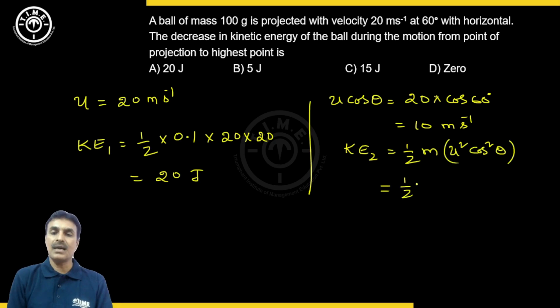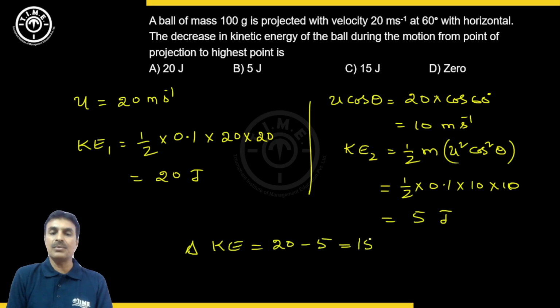So that is half into 0.1 into u cos theta is 10, so 10 into 10. Overall it is 5 joule. Now decrease in kinetic energy, nothing but change in kinetic energy, which is 20 minus 5, that comes out to be 15 joule. 15 joule is the correct answer for this question.